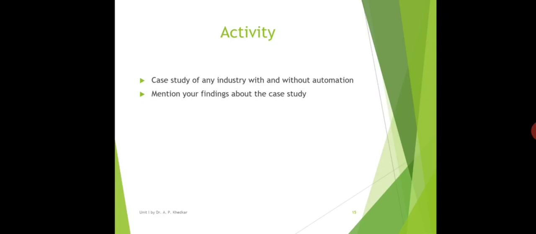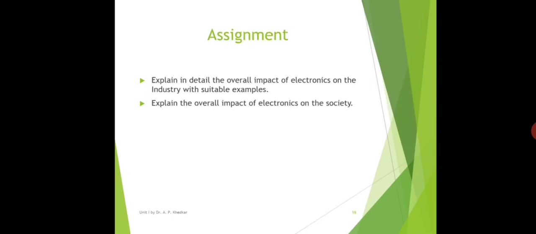Take any industry in which earlier there was no automation, and later study the same industry when automation was applied, and find out what changes you feel because of automation. You will have to mention your findings about this industrial study.